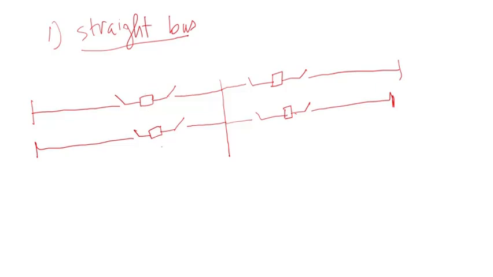So this is a circuit breaker. What it does is it can interrupt load or fault current to its rating or capability, basically whatever it's rated for. These are disconnect switches.